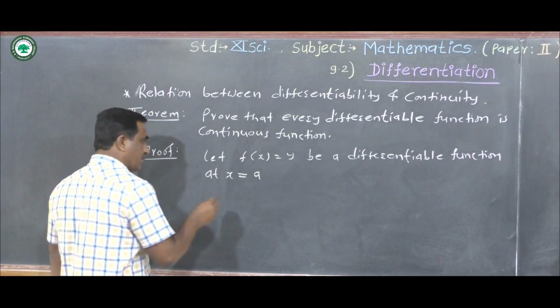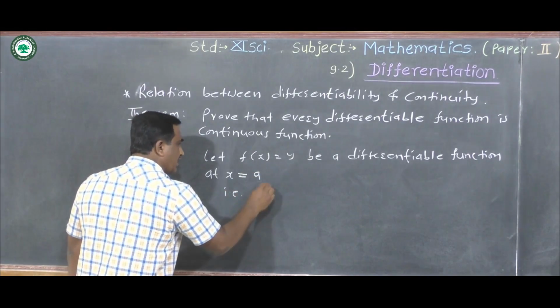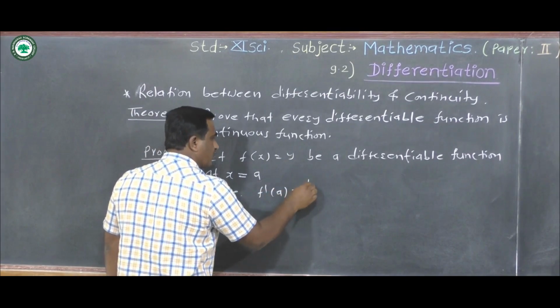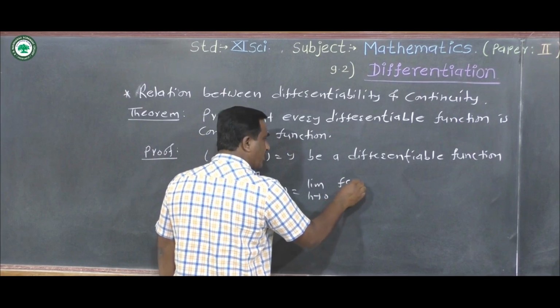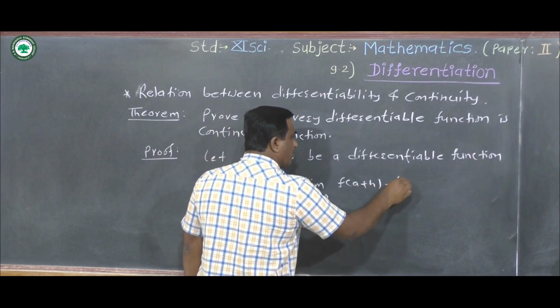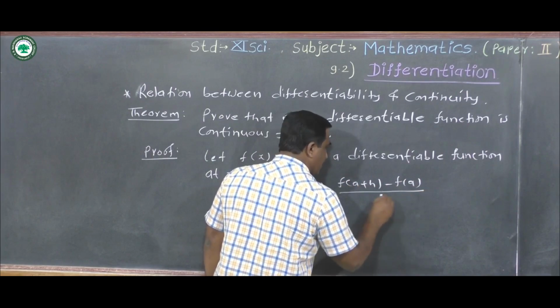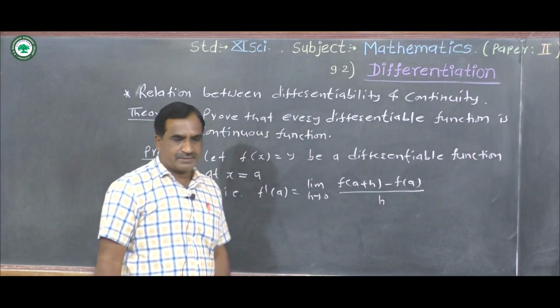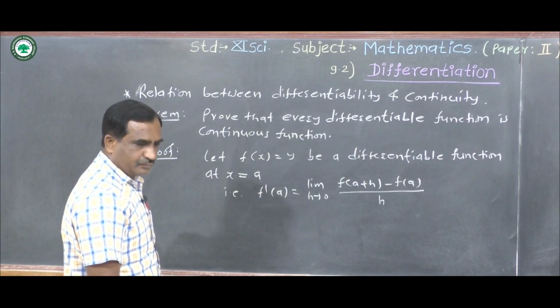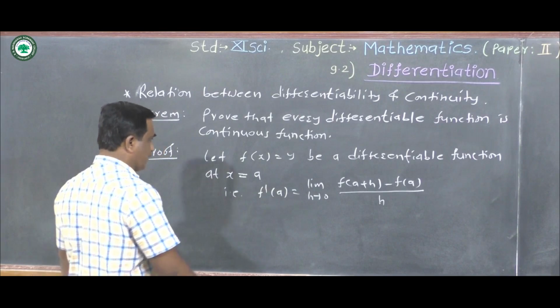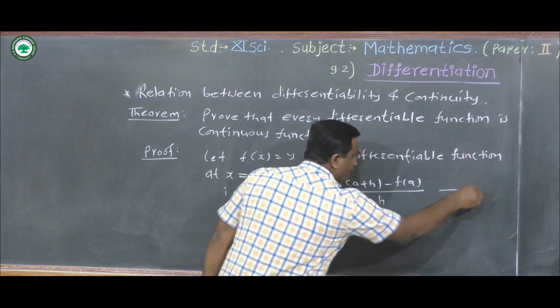That is, f dash of a is equal to limit h tends to 0 of f of a plus h minus f of a upon h exists. This derivative exists, and we can call this equation number 1.